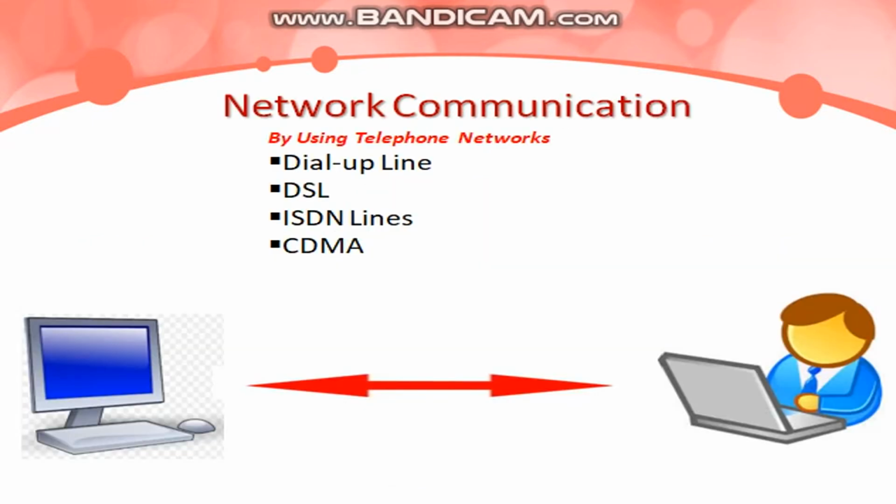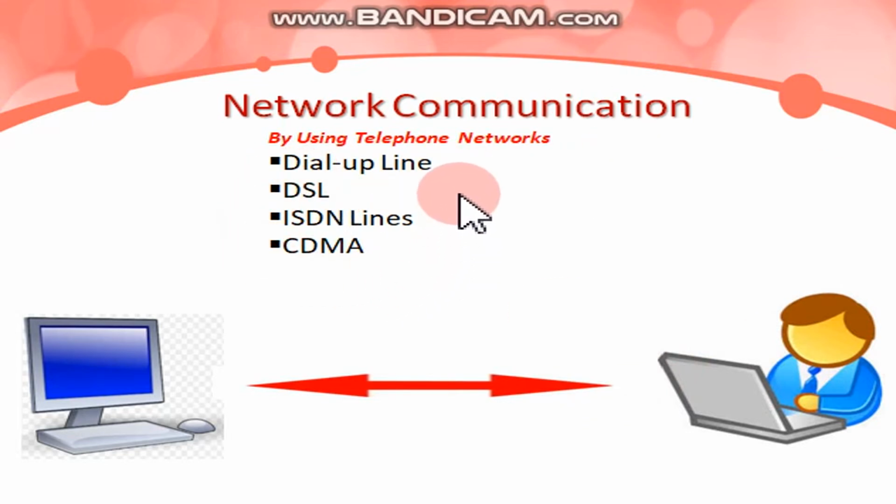Network communication refers to the transmission of data or information from one place to another. The process of sending and receiving data is done by the use of a communication medium or channel, which carries the data or information from the sender to the receiver.